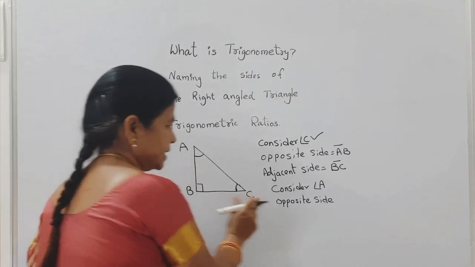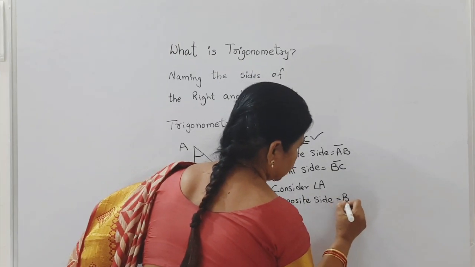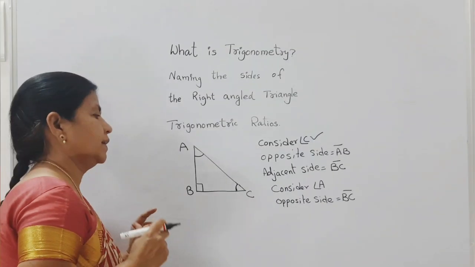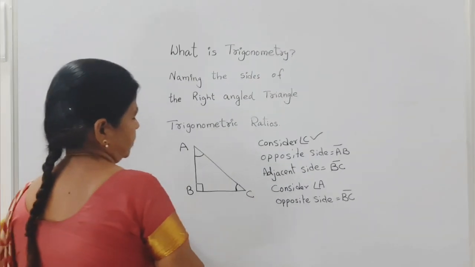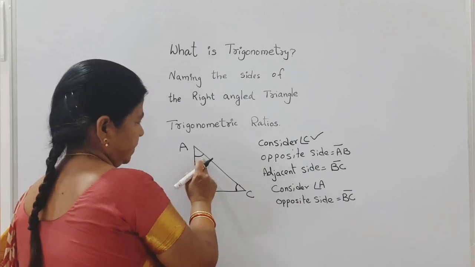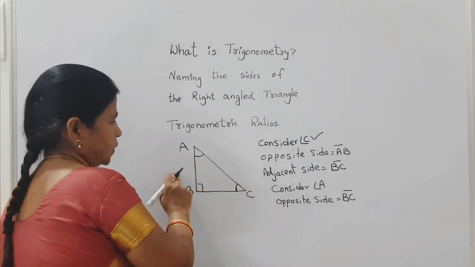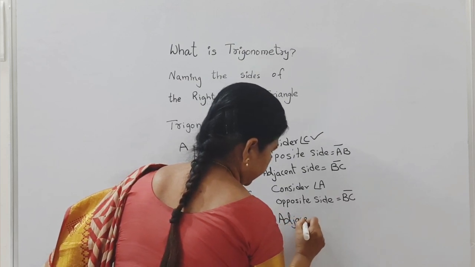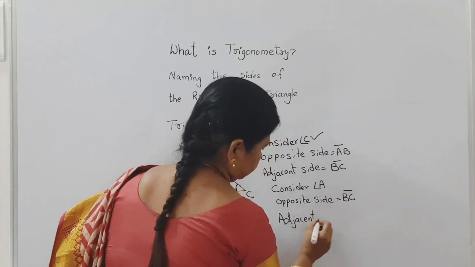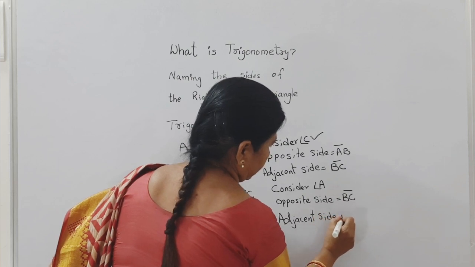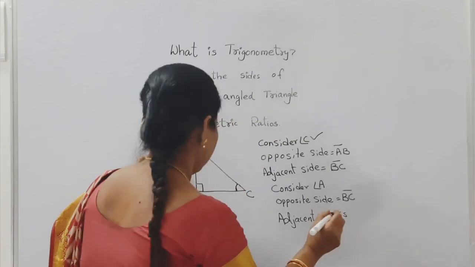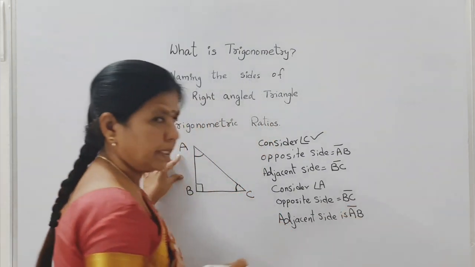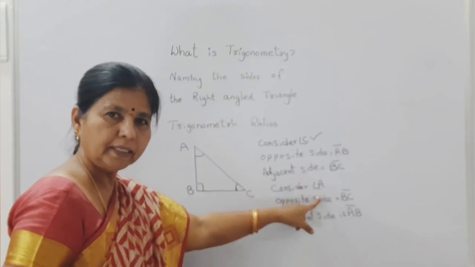So, side BC is the opposite side for angle A. And what is AB? AB is adjacent to this. So, AB is the adjacent side. Adjacent side is AB with respect to angle A.